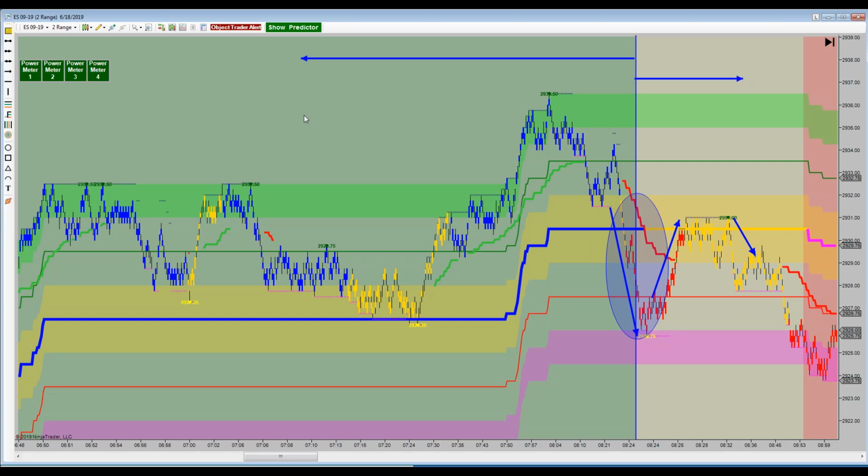The first thing, obviously, that's pretty clear is that the background color changed from green to what we call a transitional color. See how it's a more beige, opaque type color. It's no longer green. Notice how the midband changes from blue to this yellow sideways color.